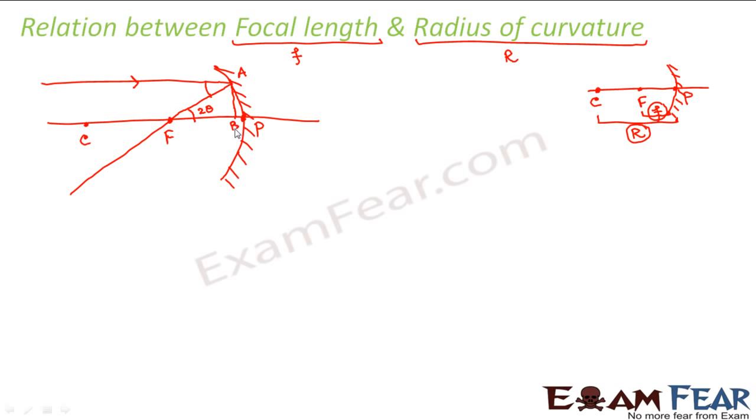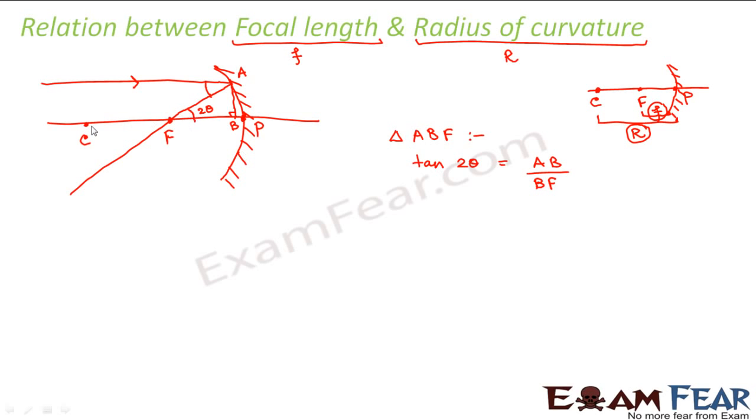Let us call this point B. Now if you look at this triangle ABF, what do you see? You see tan 2 theta is equal to AB divided by BF, because tan theta is equal to perpendicular by base. In this triangle, perpendicular is AB and base is BF. So you can write it like this.